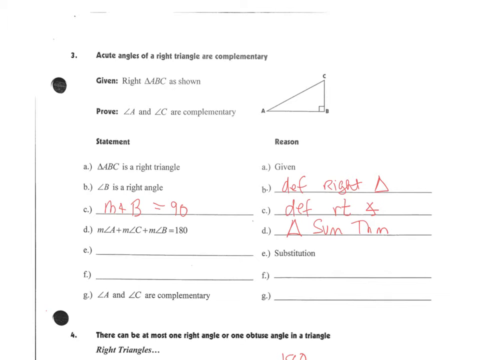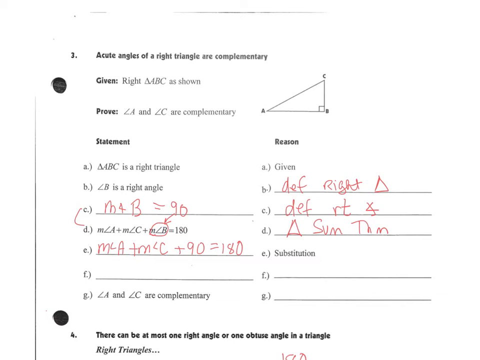So if we look at statements C and D, we're going to say, if we have the measure of angle A plus the measure of angle C, and then take this measure of angle B and substitute in 90, that's going to equal 180, and that was by substitution.